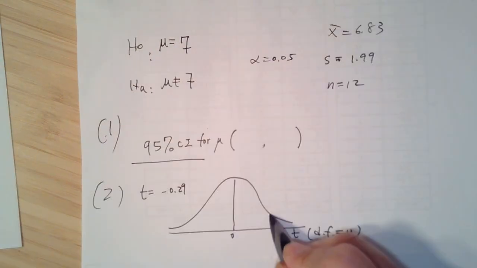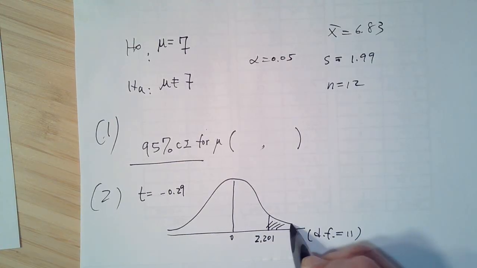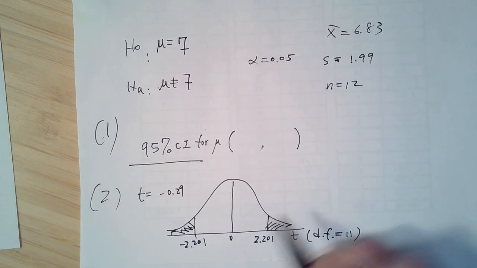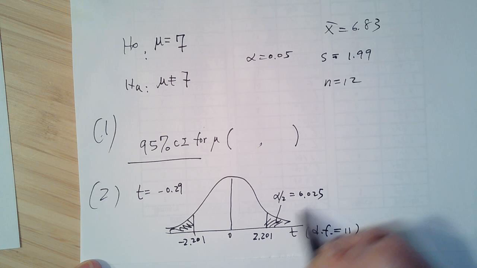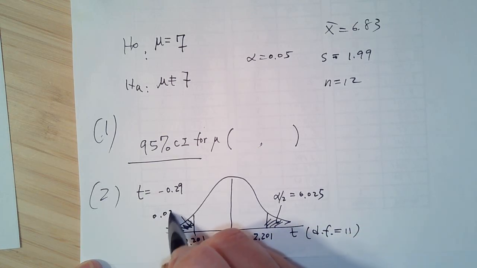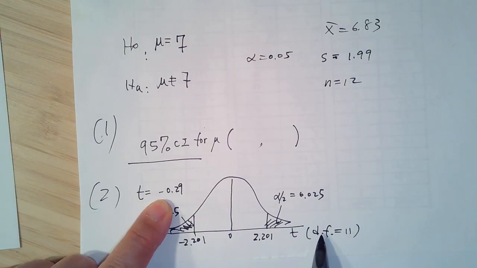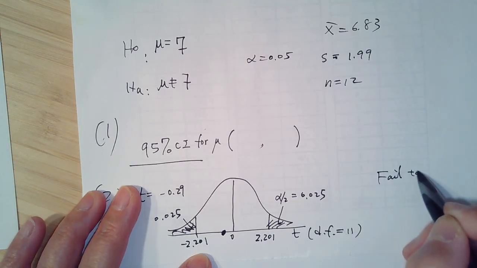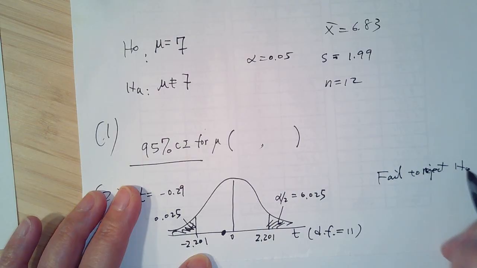So my critical values here are 2.201 and negative 2.201, and each tail is alpha over 2, or 0.025. This one is also 0.025. Now, those are your rejection regions, but your test statistic is negative 0.29, which is here. So you fail to reject H0. Okay.